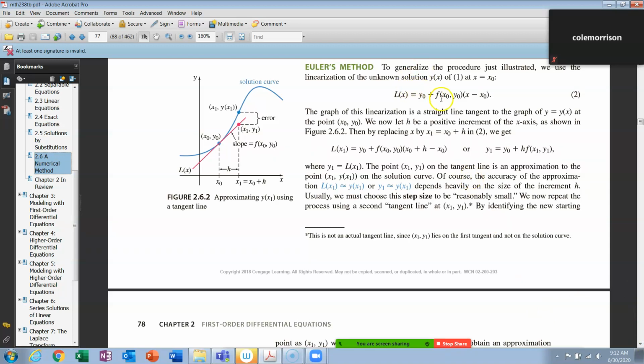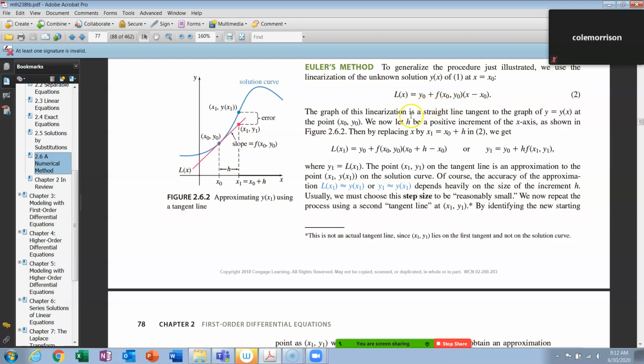We put x0, y0 into f of x, y, and that's how we calculated our slope at the point x0, y0. So that's exact. Y0 was exact, x0 was exact. That was basically our point-slope formula we just talked about: y minus y0 is equal to m times x minus x0. Same thing, we just rearranged it.